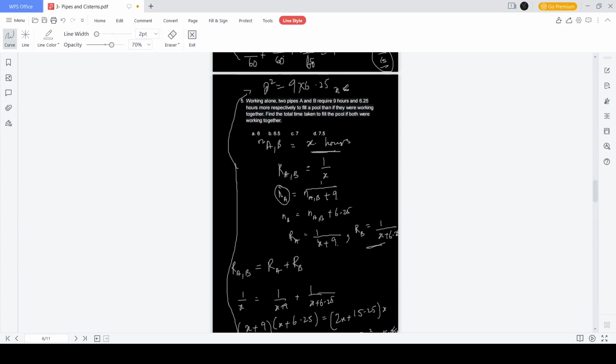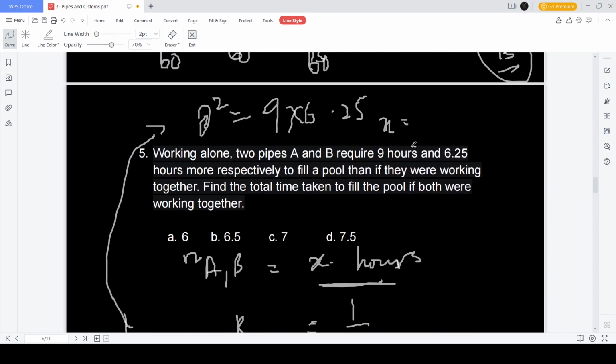So x will be the square root of that. Square root of 9 is 3 and square root of 6.25 is 2.5, I believe, because 25 into 25, yeah, so this comes as 7.5. So they take 7.5 hours to fill it completely, working together.